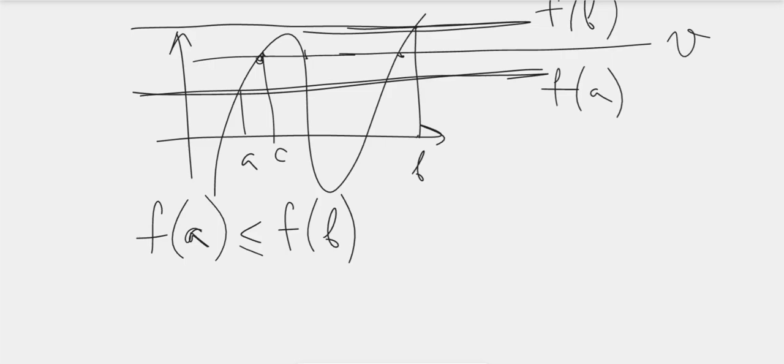When f of a is equal to f of b, the only value that we need to prove is the value f of a and f of b itself, and of course it's achieved in both a and b. So the case when f of a is equal to f of b is trivial, and we assume that f of a is less than f of b. When it's greater than f of b, this case is considered symmetrical.